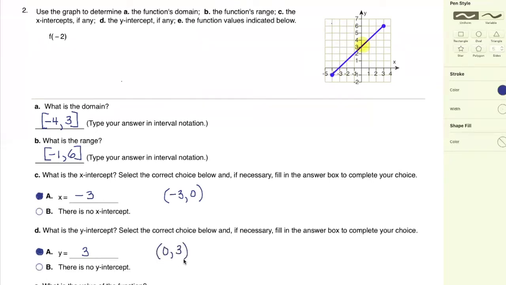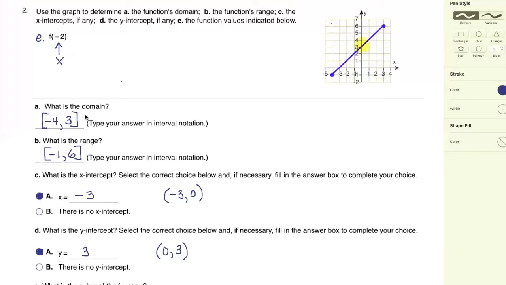The last thing we're supposed to do, and I know it appears at the bottom of the screen, but you can also see it up here at the top. This is letter E. Evaluate the function f of negative 2. We just did this algebraically when the rule for the function was specified. When all that you have is the actual graph, take a look at what's inside the parentheses.